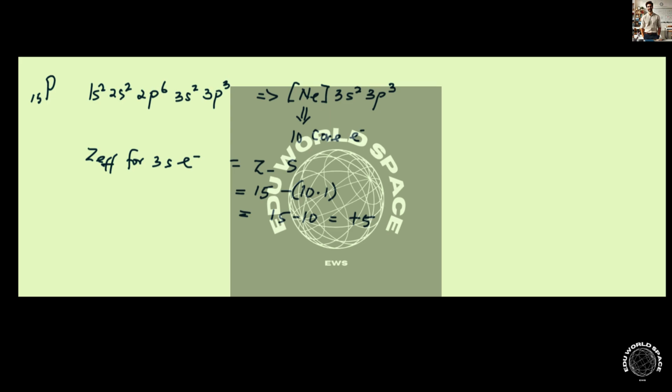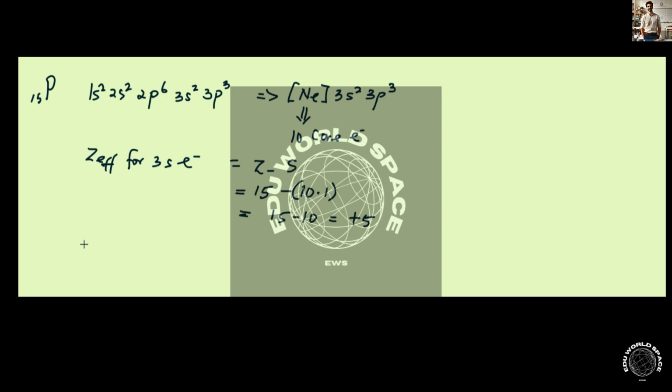So the next question said that detailed calculation indicates that the effective nuclear charge is 5.6 positive for 3s and 4.9 positive for 3p. Why are the values for the 3s and the 3p different?